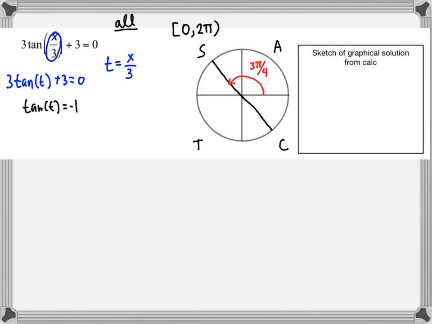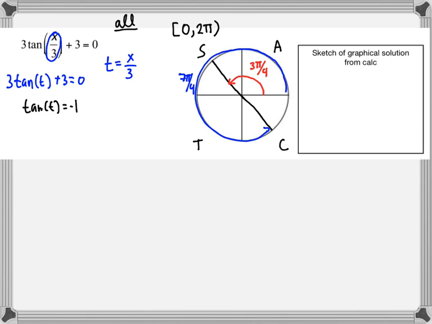Now, this is one of those cases where we're fortunate that the next one, going all the way around here, is going to be 7 pi over 4. So this angle out there, the whole thing is going to give me 7 pi over 4 going all in that direction.